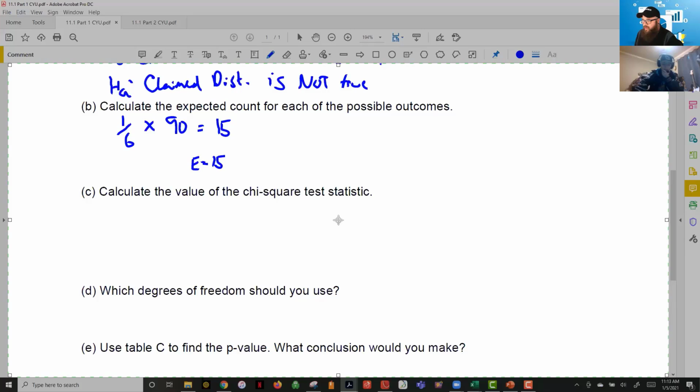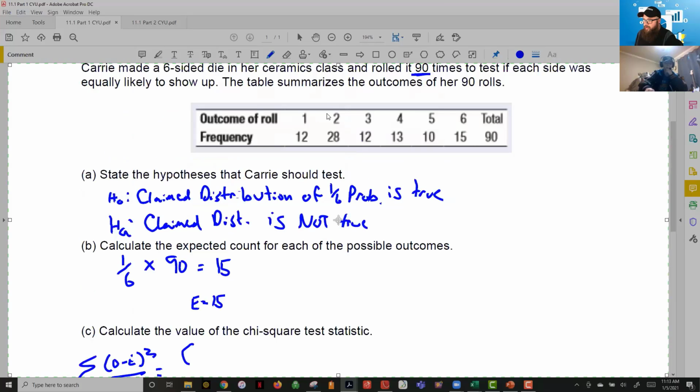Now, using that equation of original minus expected squared over expected, all you have to do is say, all right, our first original value, when we did the roll for the number 1, we got a frequency of 12.